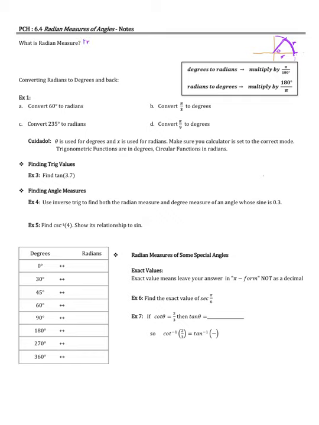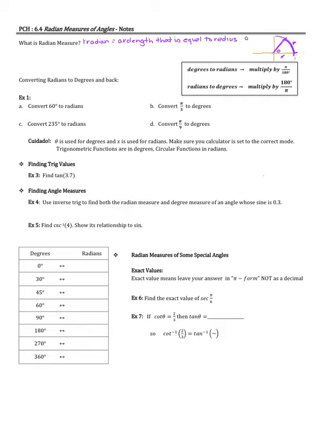So let me put this in words. 1 radian is equal to the arc length that is equal to the radius.